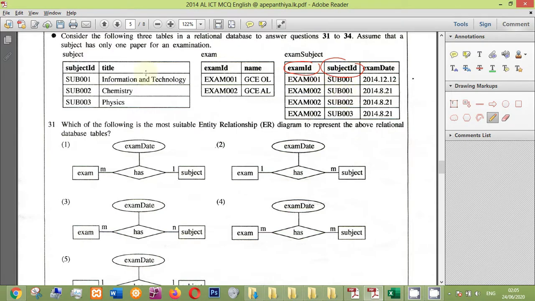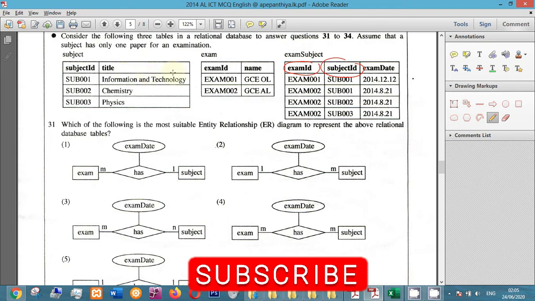This kind of setup comes when we have a many-to-many relationship between two tables, because a many-to-many relationship is not normally kept, as it leads to duplication. So the solution is to come up with another table. So that's the many-to-many relationship between subject and exam.